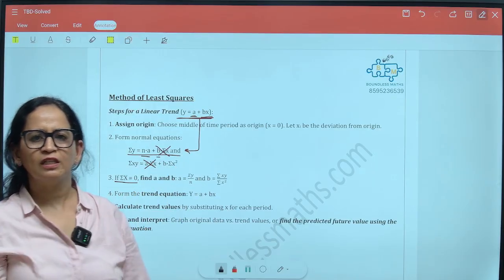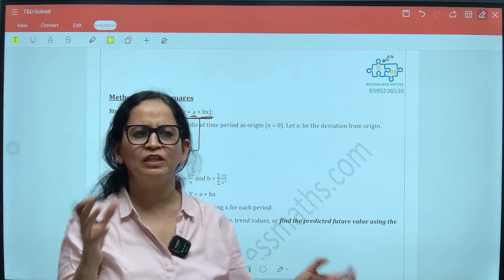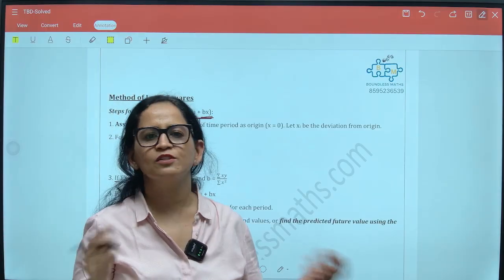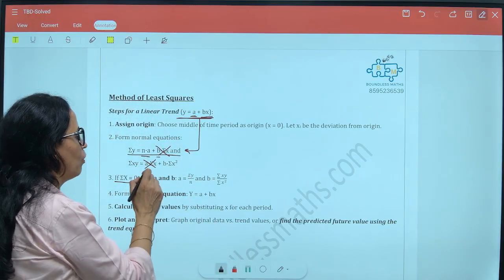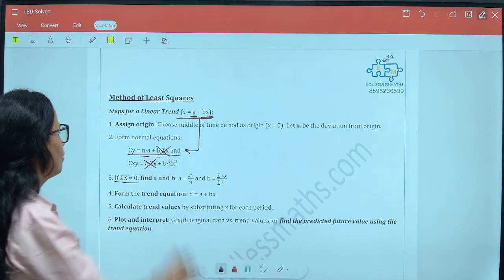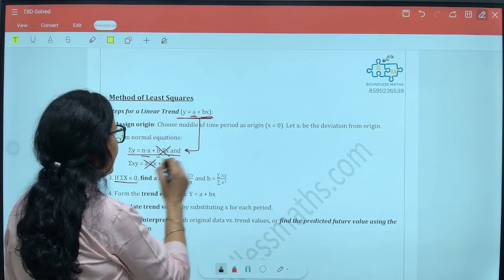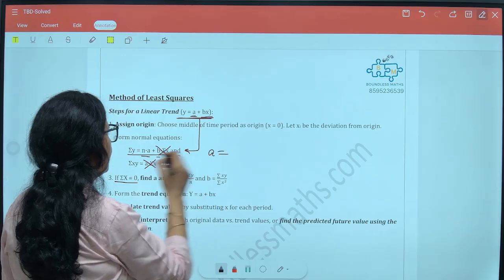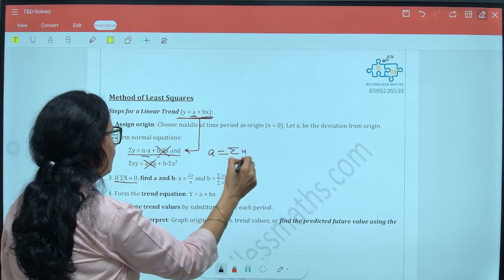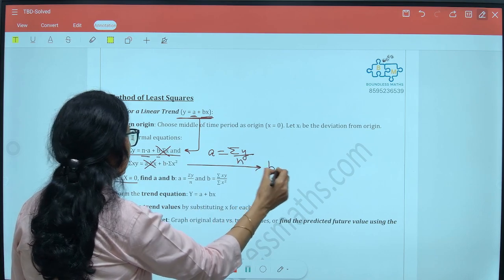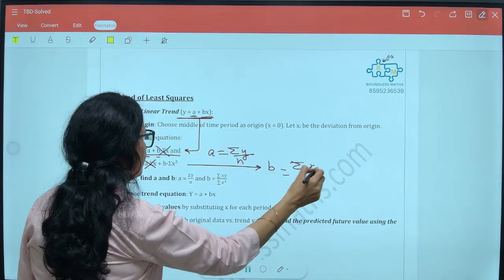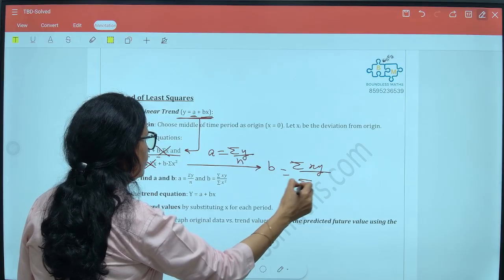If sum of certain numbers, for example 1 minus 1, 2 minus 2 is 0, that does not mean sum of their squares is also 0. So sigma x square is not 0, only sigma x will become 0. So if I just rearrange them, I can find the value of a as sigma y upon n, and the value of b from the second equation as sigma xy upon sigma x square.